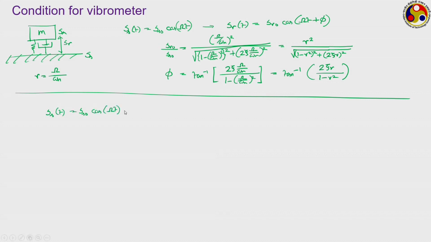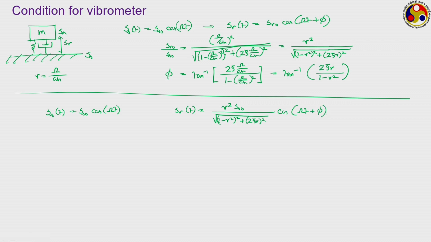So, this is the displacement that we are looking to measure, and at the output side what we are getting? We are getting T is equal to R square into SSO root over 1 minus R square whole square plus 2 zeta R whole square cos of omega t plus phi. I am just repeating the earlier sentence.